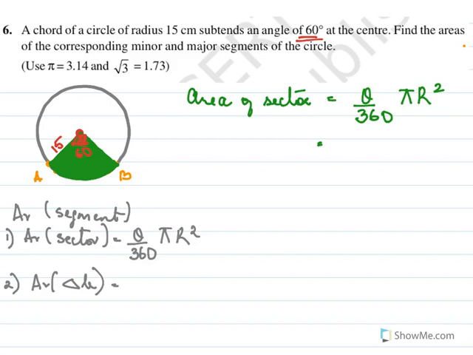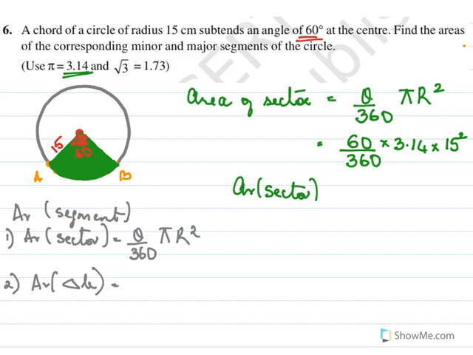So when we put our values, it will be 60 over 360, the pi, remember, has to be taken 3.14, r square is 15 square. So area of sector equal to 1 by 6, because 60 over 360 is 1 by 6, into 3.14, and 15 square, 225. On working, we will get 117.75 centimeter square. So this step is done.